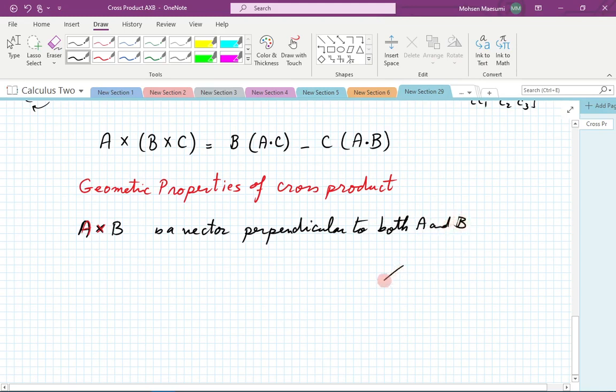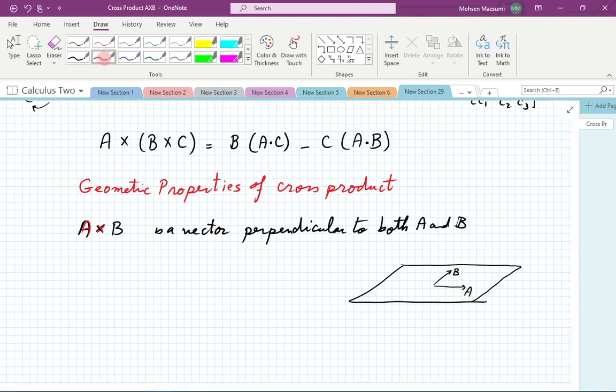The best way to show that is to say, suppose I have a plane and I have a vector A here and a vector B here. A cross B will be a vector that is perpendicular to both of these, and the result is going to be perpendicular to the plane on which they are sitting.